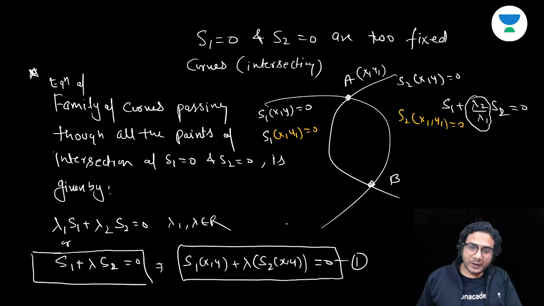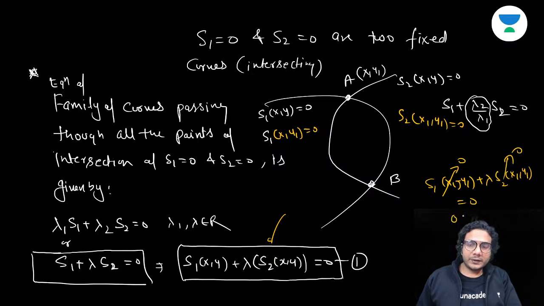So similarly, if I put (x1, y1) in this, I'll get S1(x1, y1) plus lambda times S2(x1, y1), and this is 0 and this is 0. So it is 0 equal to 0. That means (x1, y1) will satisfy this curve, no matter what the value of lambda is. So this new curve is passing through A and B.